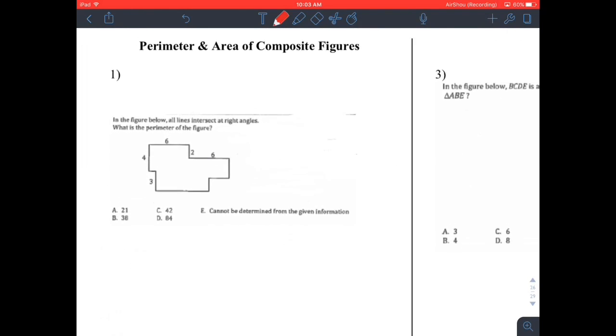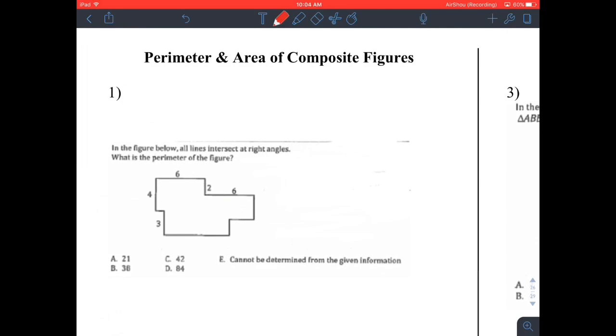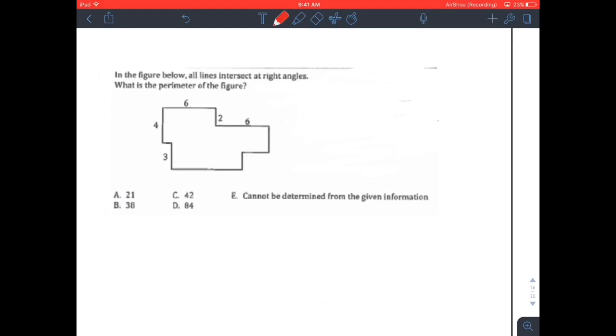Composite shapes. Composite shapes means that it's a shape made up of many shapes. If you're trying to find the perimeter of a composite shape, like the one that you see here, it is as simple as finding the perimeter of a rectangle. Now let me explain. The top length, 6 and 6, represents the total length of the top of this rectangle.